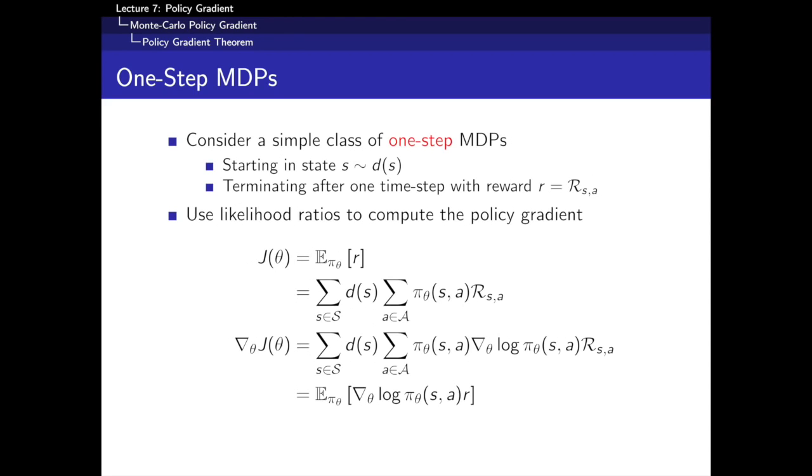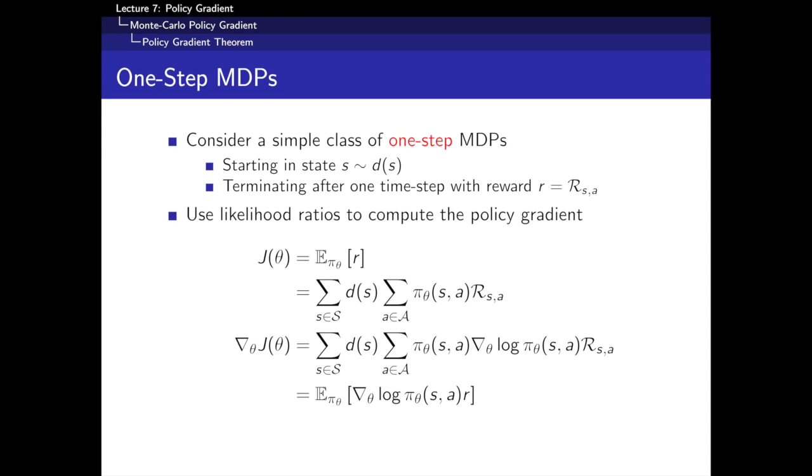I mean that you start in some start state S. You get to take one step, and you get one reward. That depends on where you were and what action you took. But then the episode terminates immediately. So there's no sequence in this case. It's just one step, and then you're done. And you get some reward, and the goal is to pick your actions so that you maximize that reward. And the right thing to do might depend on the state and the action. So we'll see later, in a subsequent lecture, this is also called a type of contextual bandit.